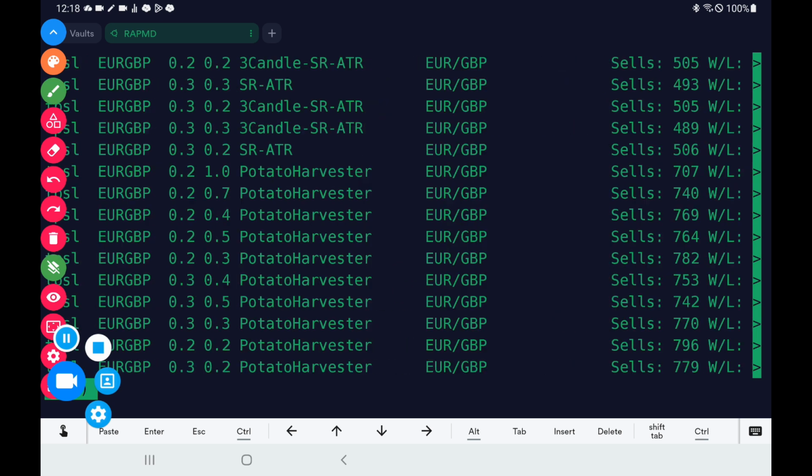Let's go back and look at the take profit stop losses, and we can see consistently that potato harvester is negative. Negative reward to risk on a consistent basis. The bottom two are 1-to-1 and slightly above into the positive risk to reward.